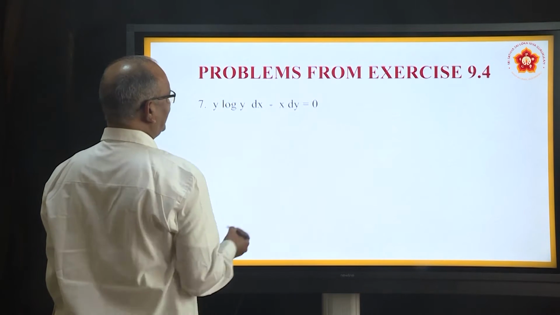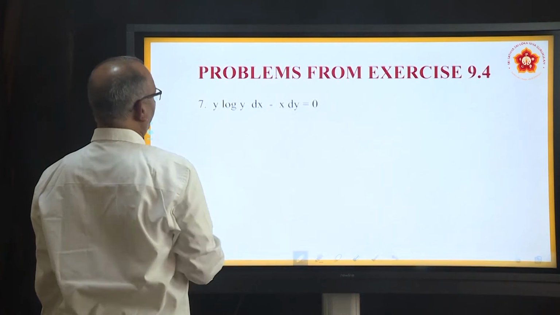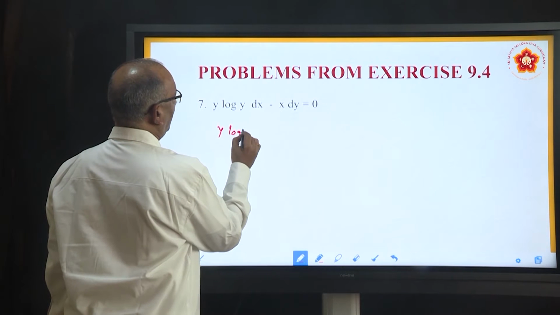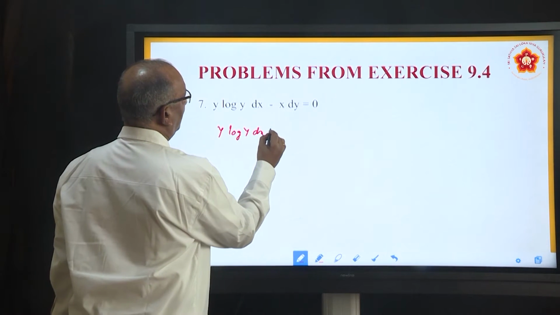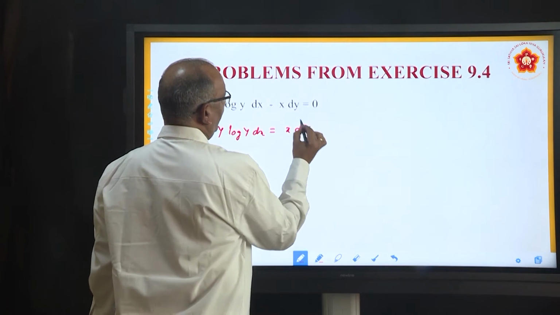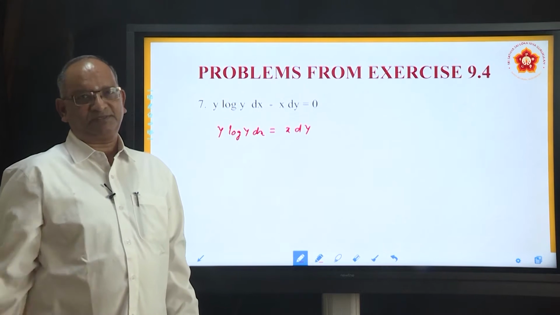So, take minus x dy to that side. What is our objective? Our objective is to separate the variables.